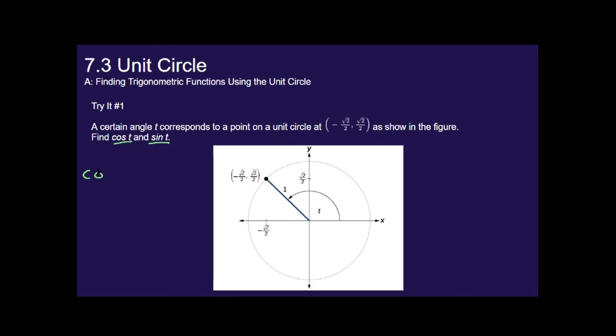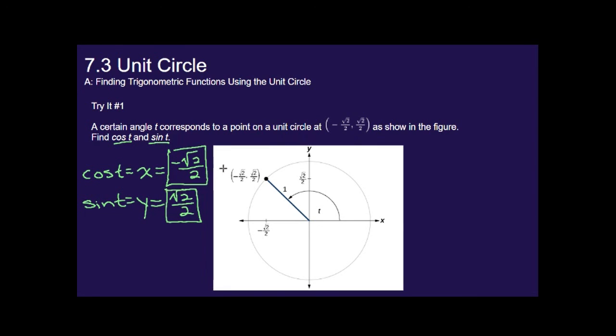So once again, we know that the cosine of t is equal to the x value. In that case, it's negative square root of 2 over 2. And then we have the sine of t is equal to y, which in this case is square root of 2 over 2.